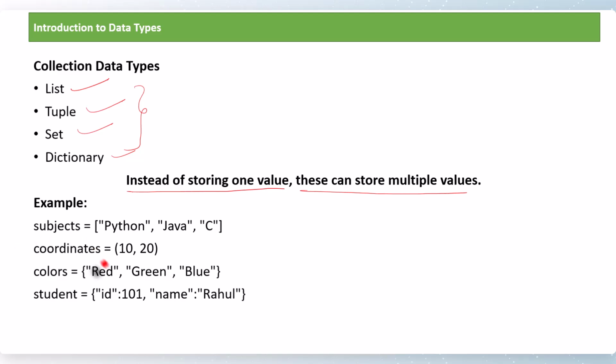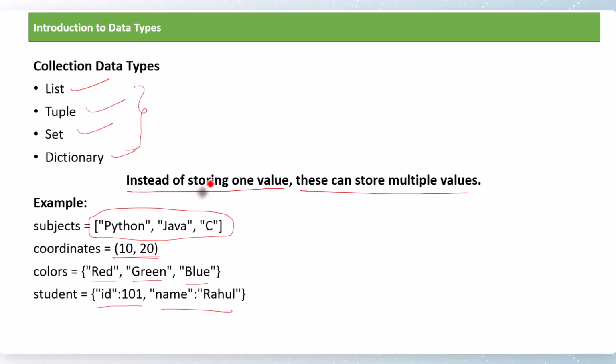You see the examples here: subjects equal to Python, Java, C. Different items are separated with the comma operator and enclosed in square brackets. Coordinates: elements are separated with the comma operator but enclosed in parentheses. Colors: here you can see items are separated with the comma operator but enclosed in parentheses. And students: each item has a key value pair and these are enclosed in curly braces.